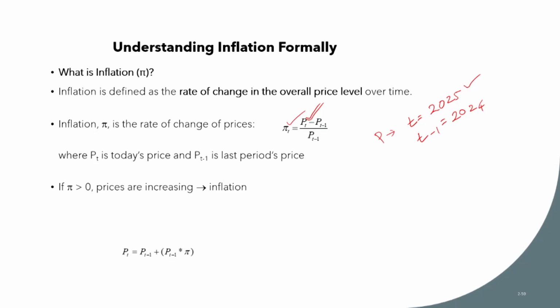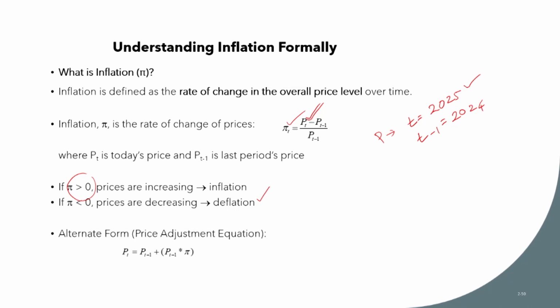When the inflation rate is greater than 0, that means prices are increasing; we say there is inflation. When the inflation rate is less than 0, prices are decreasing and we are in a deflationary stage. An alternative form of estimating the price: the price index for this year, for example 2025, is equal to the price index in the previous year, 2024, times one plus the inflation rate. Inflation is normally expressed as a percentage.